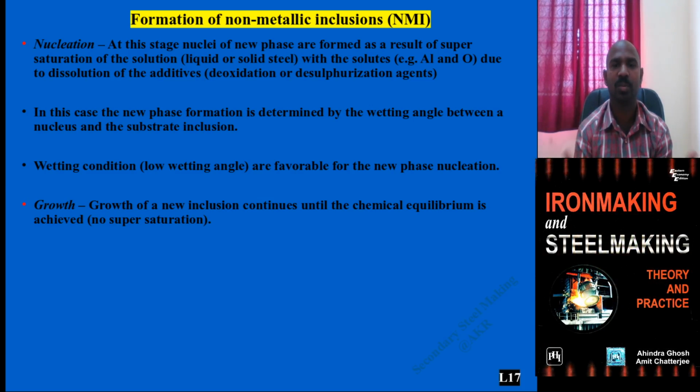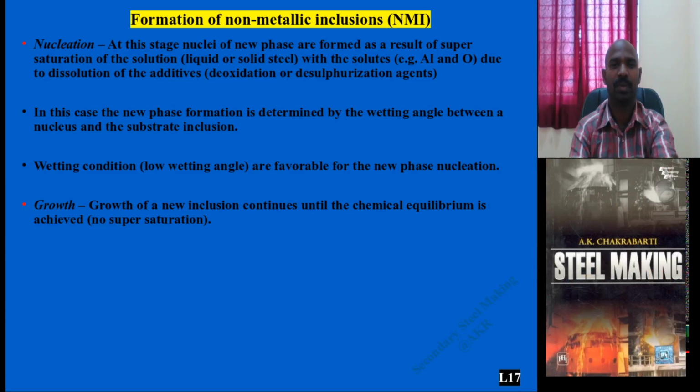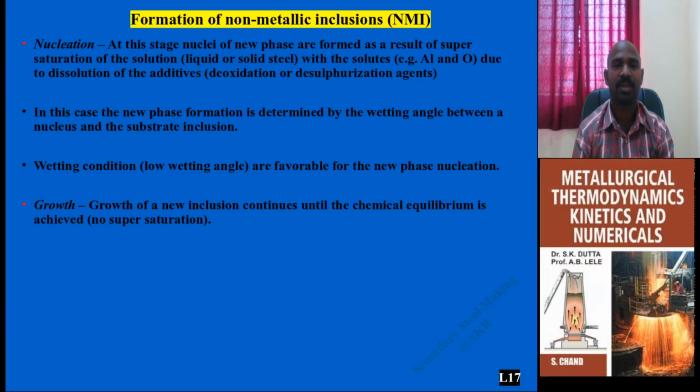It continues to grow till it reaches the grain boundary. If it is a smaller one, it grows slowly. If the inclusion is small, less than 10 micron, it may not show much harmful effect. It will reside within the grain boundary and block it, just like dislocations, and increase the strength.